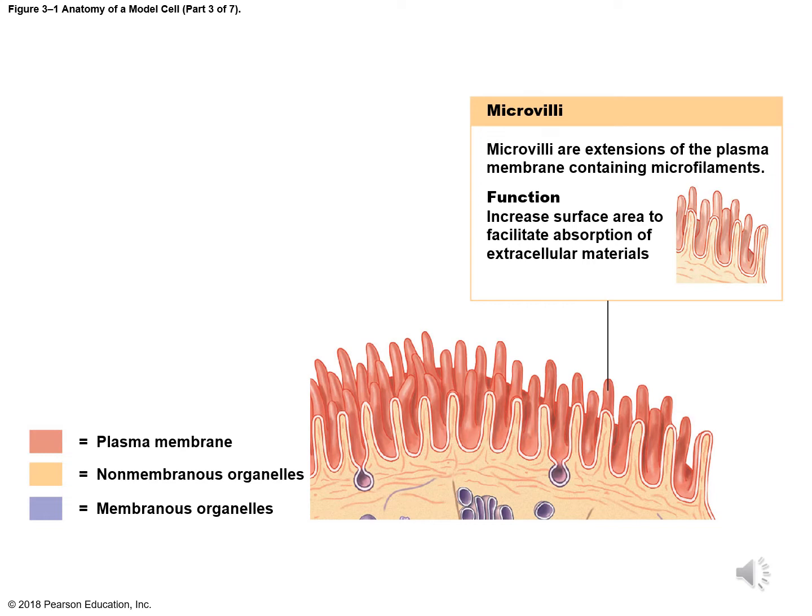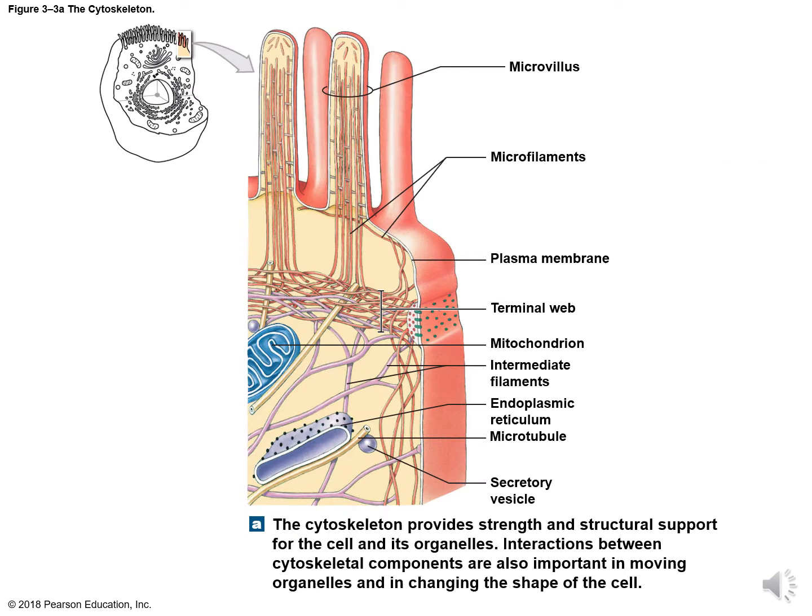Not every cell will have this particular organelle, only certain ones that have specialized absorption characteristics. This figure is just showing the internal structure of the microvilli, so you can see the microfilaments that are part of the cytoskeleton going out to give support to the microvilli.